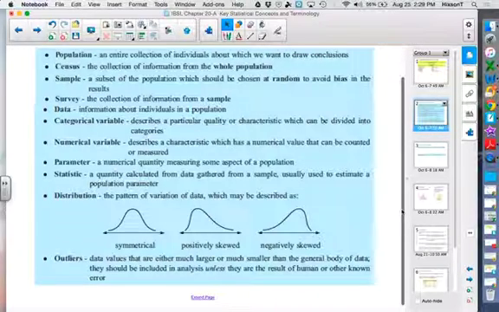You can look at parameter and statistic. Okay? A parameter measures some aspect of the population. A statistic is calculated from data that we got, and it's used to estimate something about the population.